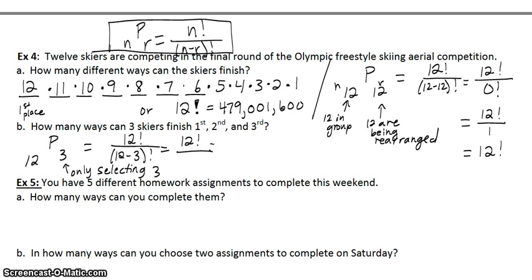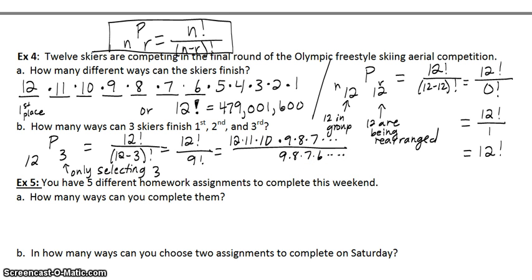And I'm going to show you how you can do this by hand, and then I will show you how you can type it into your calculator. 12 minus 3 is 9. So here's what's happening. If I was going to do this by hand, if I was in an emergency situation, didn't have my calculator, we know 12 factorial is 12 times 11 times 10 times 9 times 8, and so on and so on. 9 factorial would be 9 times 8 times 7 times 6, and so on.